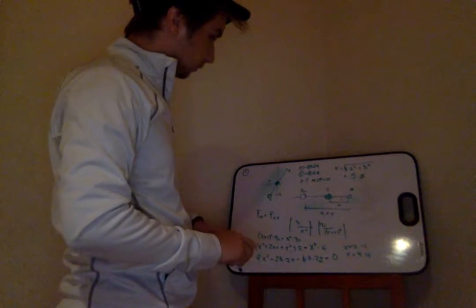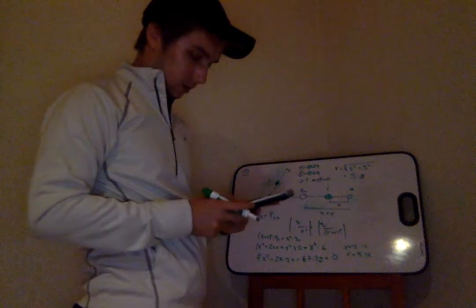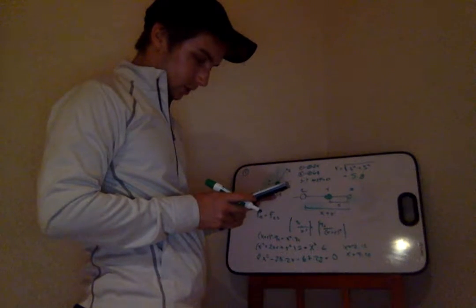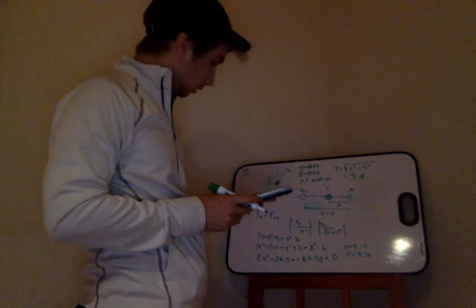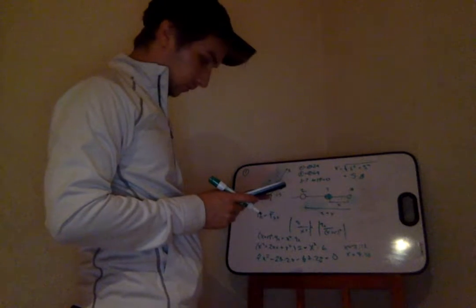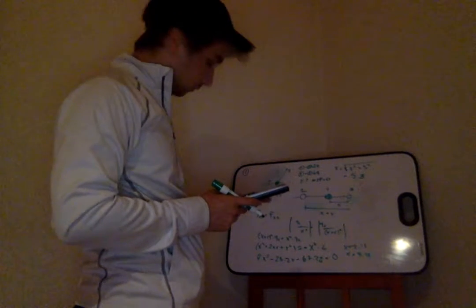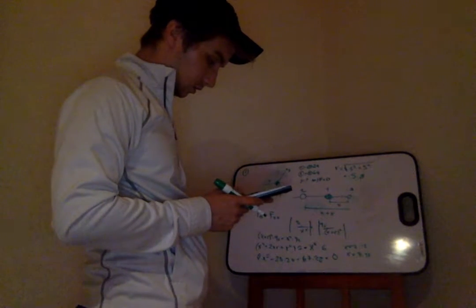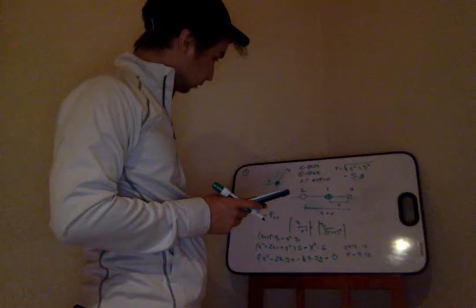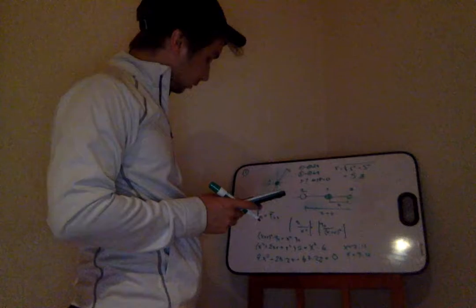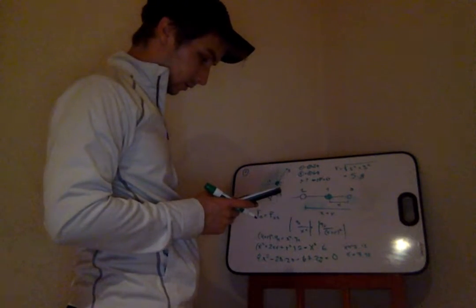So we'll have 7.92 multiplied by 3 over 5.